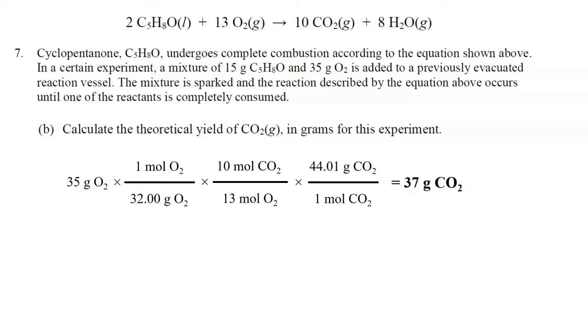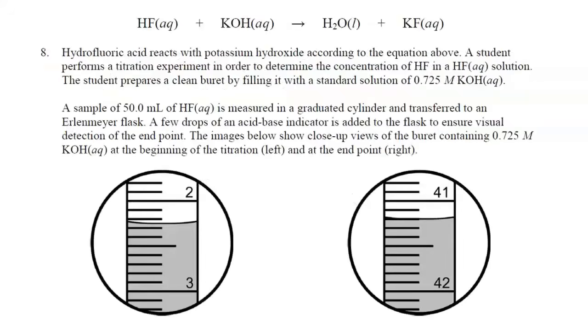All right, let's move on to question 8, which is a titration experiment. Hydrofluoric acid reacts with potassium hydroxide according to the equation above. A student performs a titration experiment in order to determine the concentration of HF in a hydrofluoric acid solution.